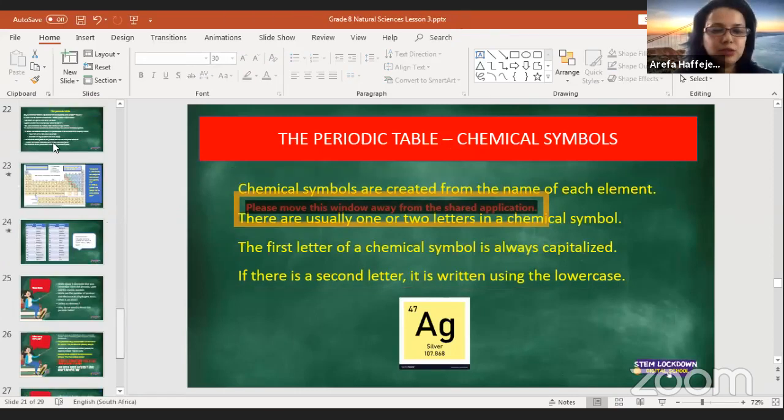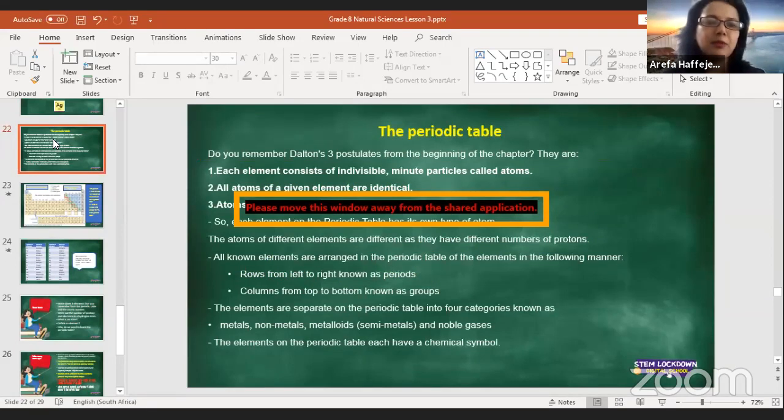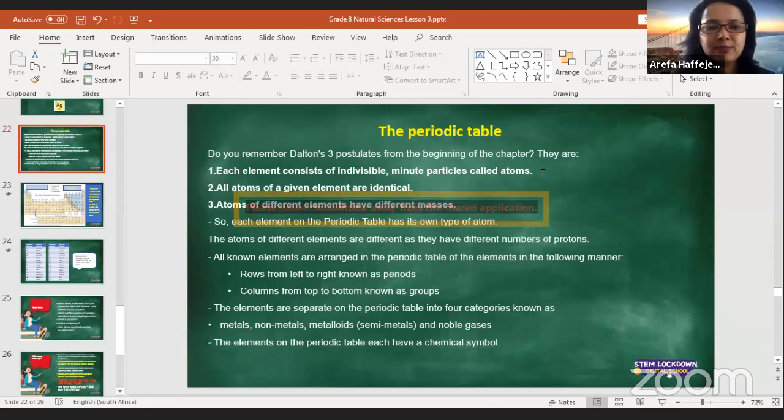Right. So you have your periodic table. Now, remember in yesterday's lesson, we discussed Dalton's three postulates. The first postulate: each element consists of indivisible minute particles called atoms. Indivisible means that it cannot be divided or made smaller by any means, which means that you cannot break it down.